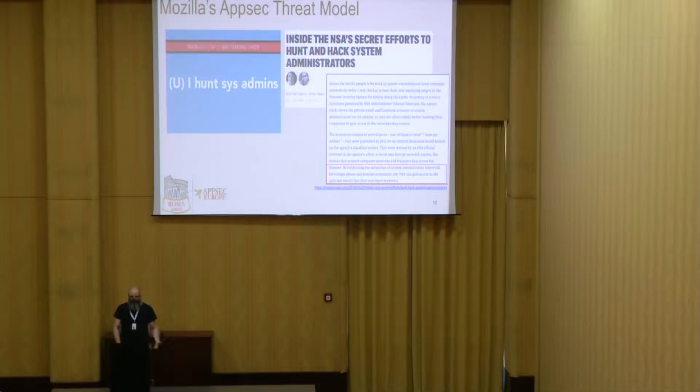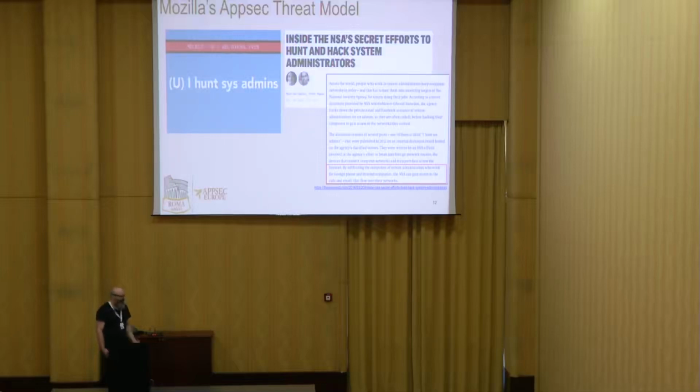So The Intercept is Glenn Greenwald's investigative journalism website. The screenshot on the left is from a leaked NSA slide deck, and if we take a look at what was highlighted down here, essentially they go out and look for people who have privileged access to systems, system administrators, security people, and so probably everyone in this room is personally a target for one place or another.